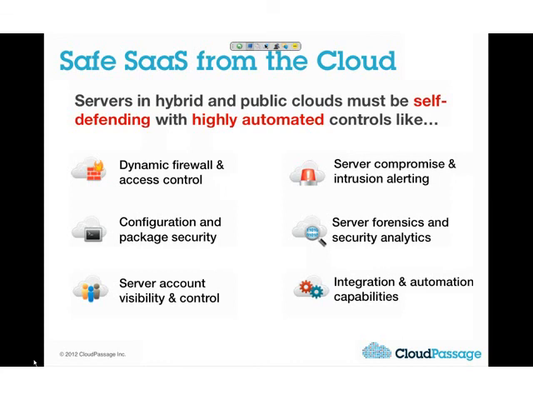Look at firewalling and access control, configuration and package security, and make sure you know the server accounts, who's on there. Work with the server compromise and intrusion alerting tools that you can, keep doing all the forensics and analytics you do in your own private data center, but then also be sure to really focus on the integration and automation capabilities that the cloud provides.